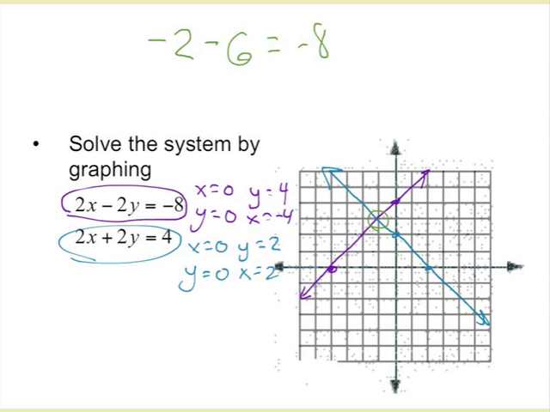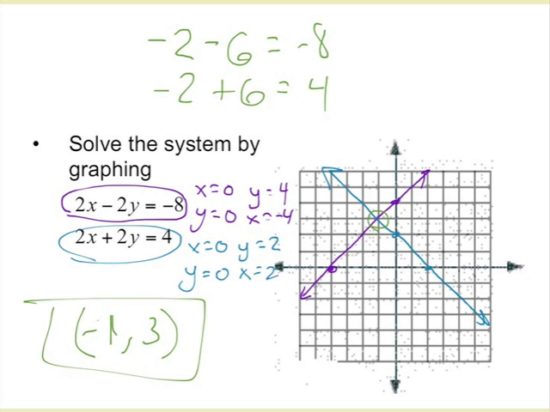If I plug in a -1 for x and a 3 for y in the second equation, I get 4, which is good. So that means that our solution is -1, 3. Give your solution as an ordered pair, x comma y. Questions?